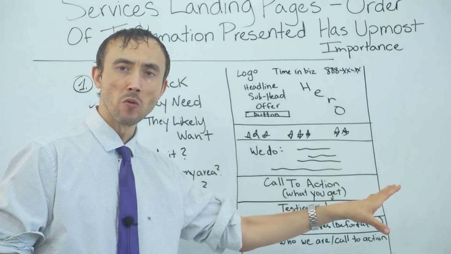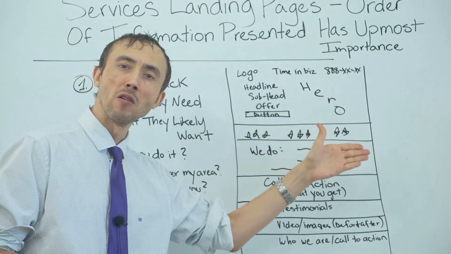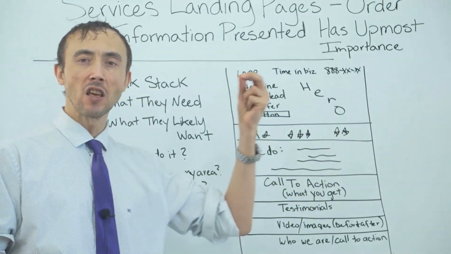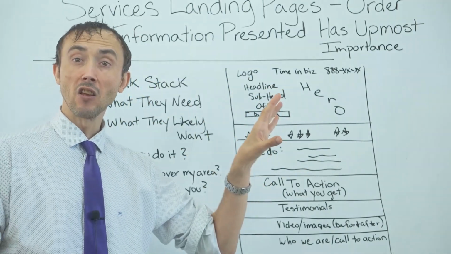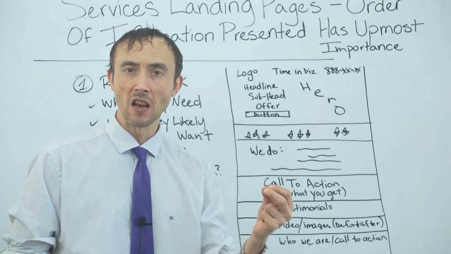So I will go through the process of laying this information out on the page, give you examples, and talk about different use cases where we did this in different service markets, everything that you need to get an excellent conversion rate on your services landing page by the end of the video.